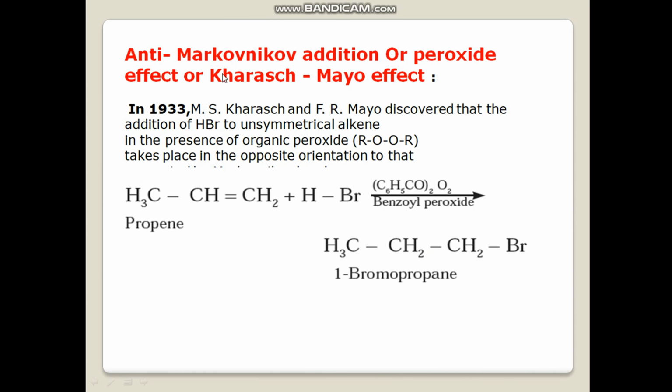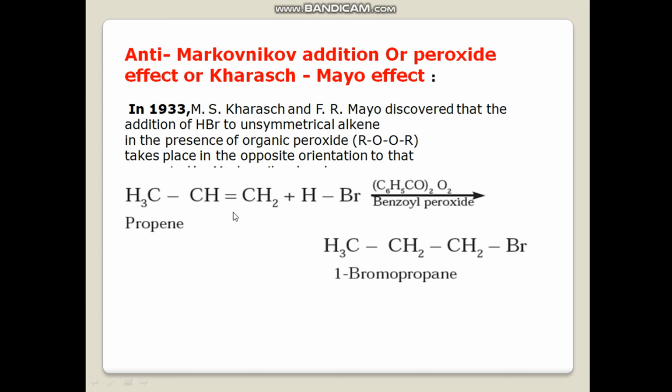Then anti-Markovnikov addition, or peroxide effect, or Kharasch or Mayo effect. It's an anti-Markovnikov rule. In 1933, M.S. Kharasch and F.R. Mayo discovered that the addition of HBr to an unsymmetrical alkene in the presence of organic peroxide, ROOR, takes place in the opposite orientation.